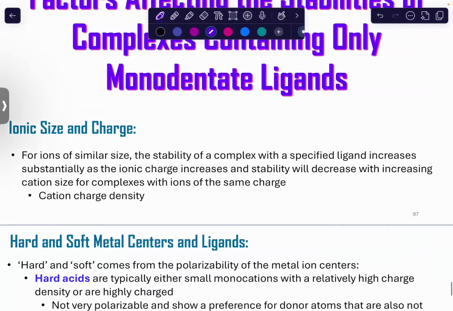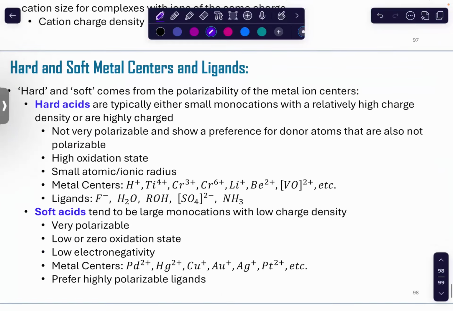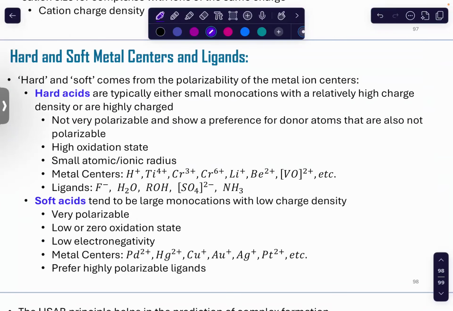And then some terminology at the end of the chapter that I really wanted to cover: hard and soft metal centers and ligands. So we come about with hard acids and soft acids. Hard and soft comes from the polarizability of the metal ion centers. Hard acids are typically either small cations with relatively high charge density or highly charged, because of either their size or their high charge.